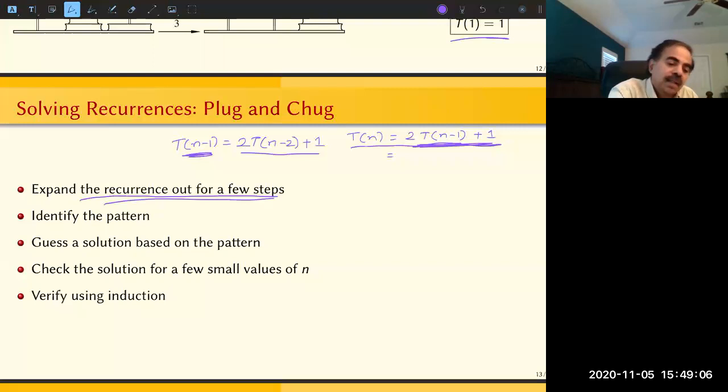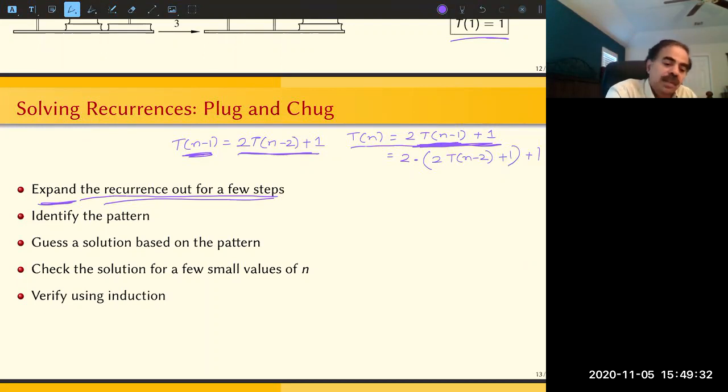So we have 2 times, and then we substitute for T of n minus 1 in terms of T of n minus 2. That is 2 T of n minus 2 plus 1 plus 1. This is what we call expanding out the recurrence.